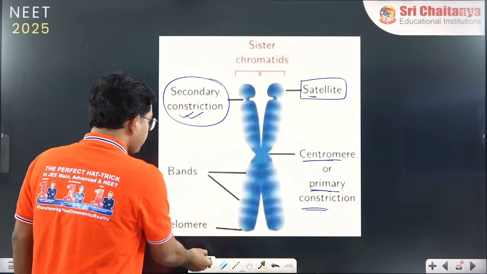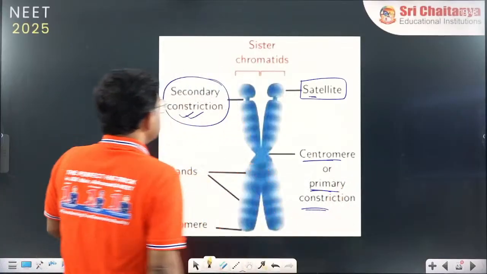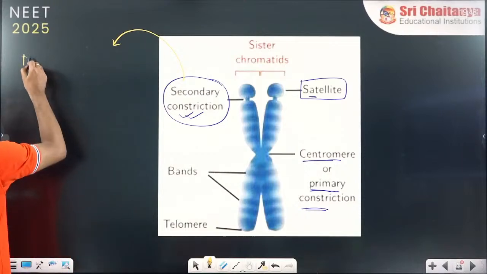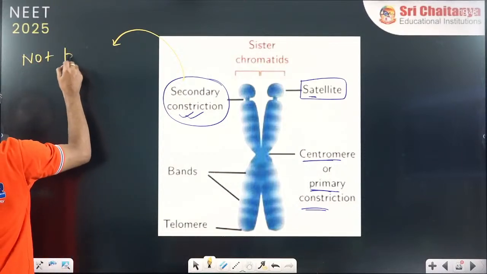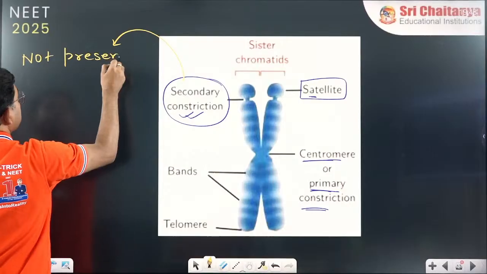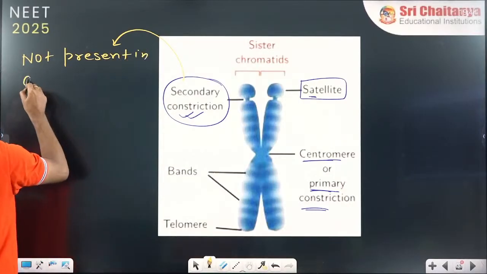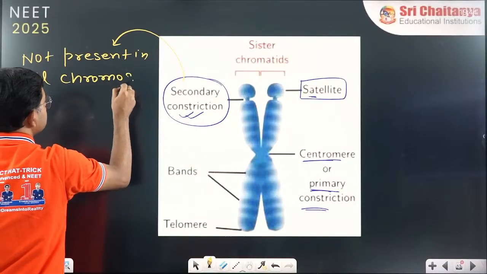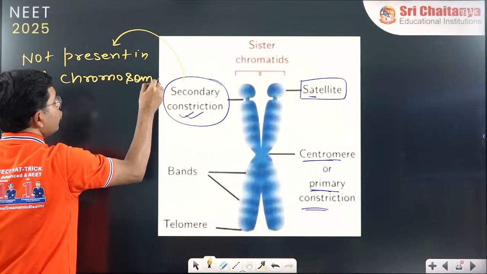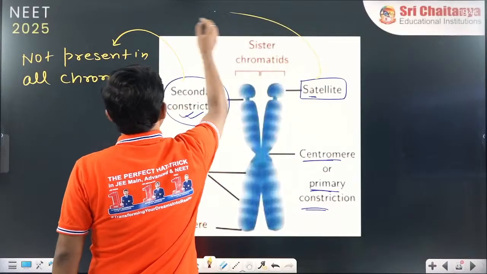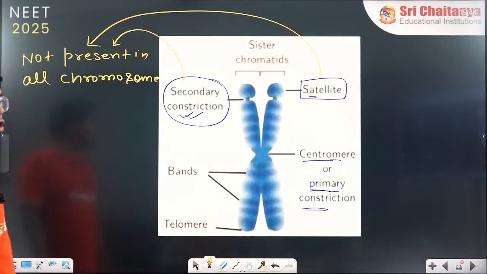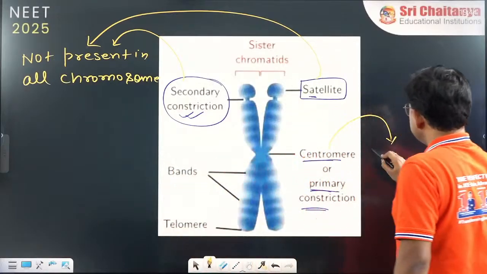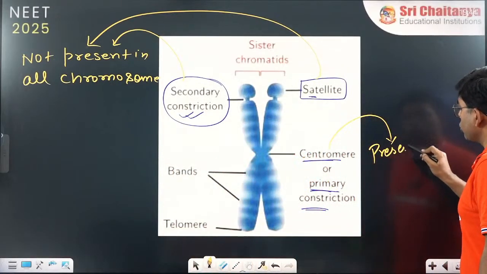So remember this point. Secondary constriction is not present in all chromosomes. Same goes with satellite. Satellite is also not present in all chromosomes, but centromere is present in all chromosomes.